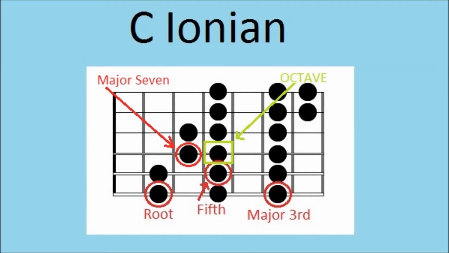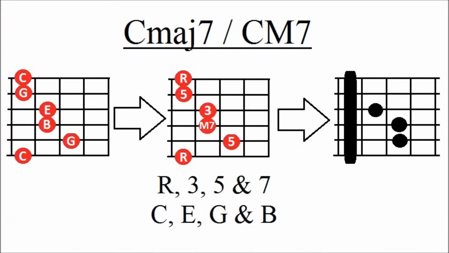Notice I've also included the seventh interval, and also notice that it is one semitone below the octave. Now when you have a seventh that's right below the octave like this, it's called a major seven. And when you add a major seven to a major triad, you get a major seven chord. And so this is why the seventh chord for the C Ionian mode is a C major seven.